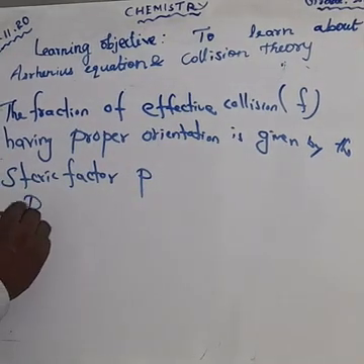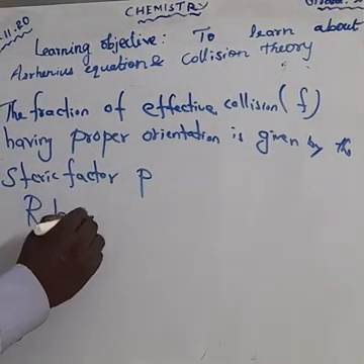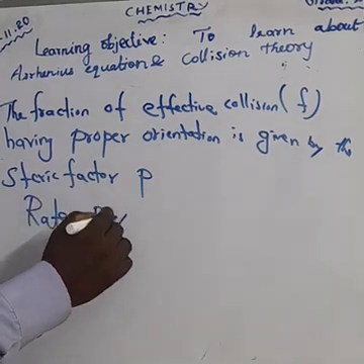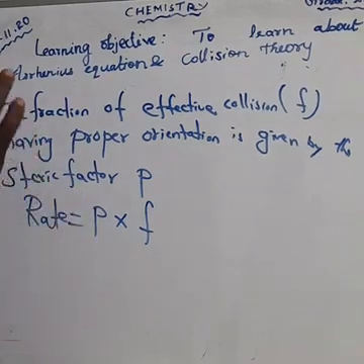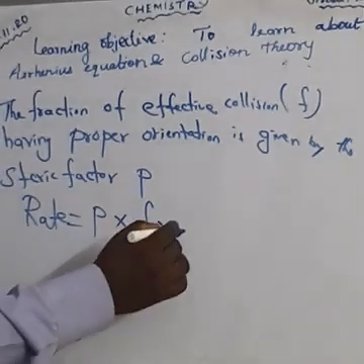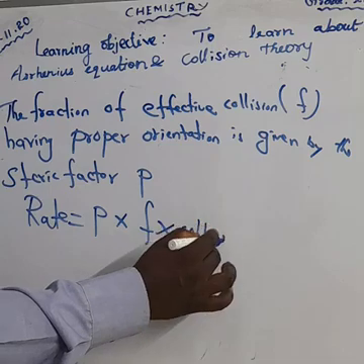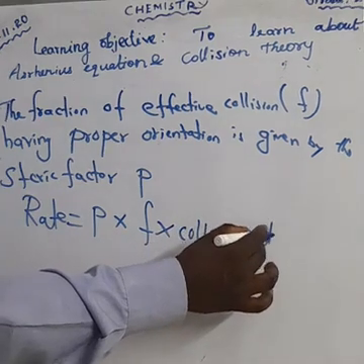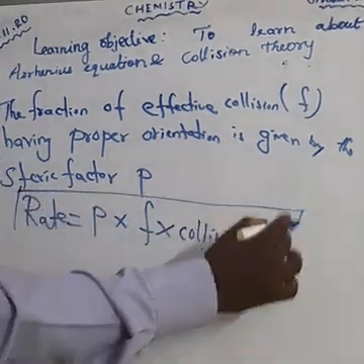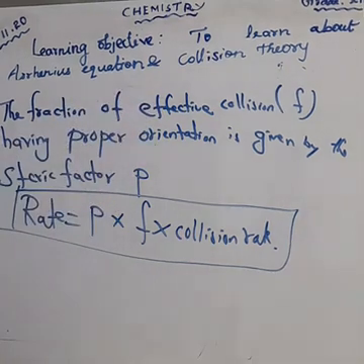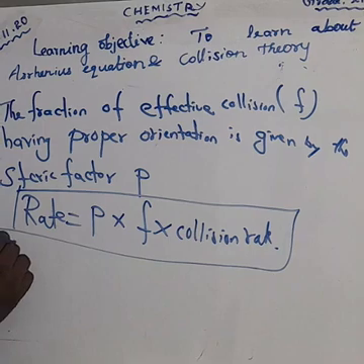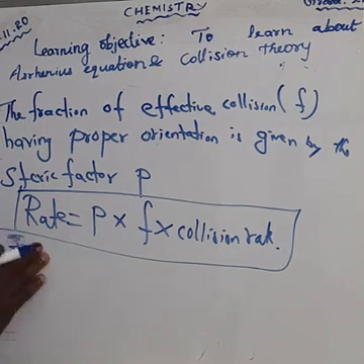So, rate is equal to steric factor P into F, the effective collision, into collision rate. Rate is equal to P, the steric factor, and the effective collision, into collision rate.